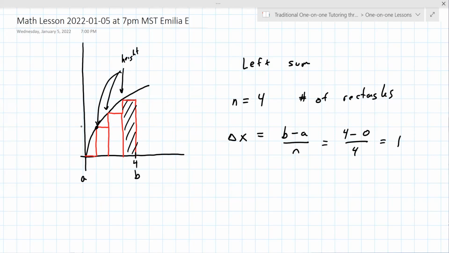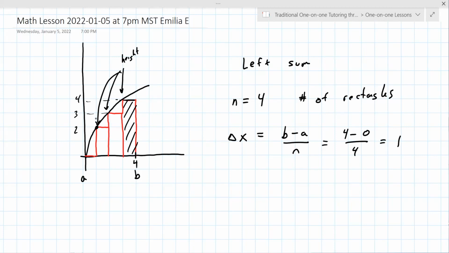Here it's 2, here it's 3, here it's 4. So the way you find the area of a rectangle is you multiply the base, which is delta x, which is 1, times the height each time.